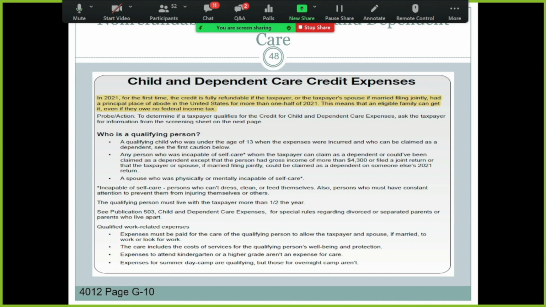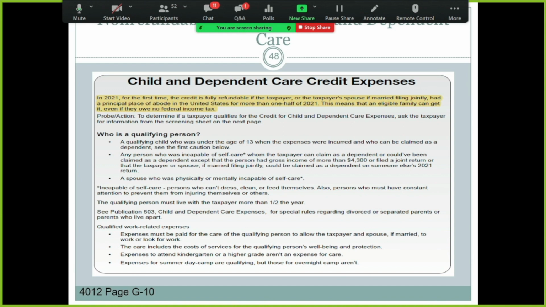Any person who was incapable of self-care, whom the taxpayer can claim as a dependent or could have been claimed as a dependent, except that that person had gross income of $4,300 or more or filed a joint return, or that the taxpayer or spouse, if married filing jointly, could be claimed as a dependent on someone else's 2021 tax return.